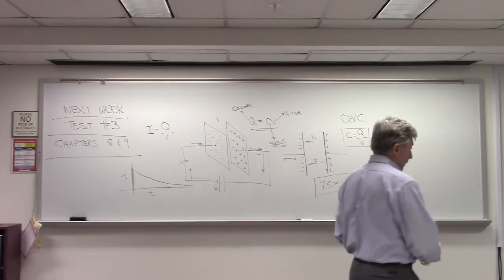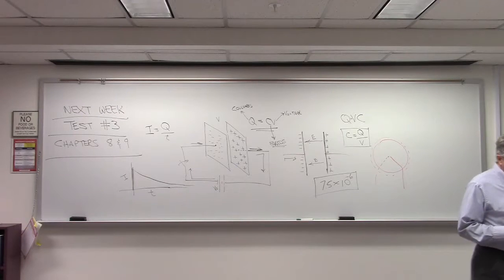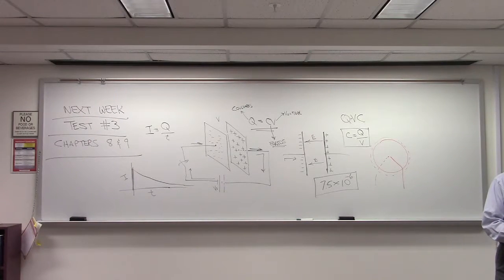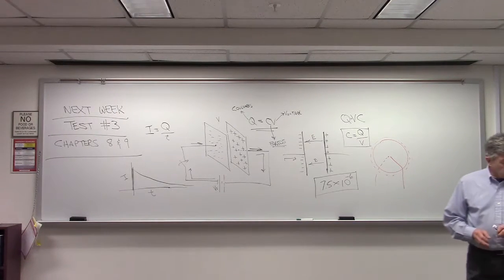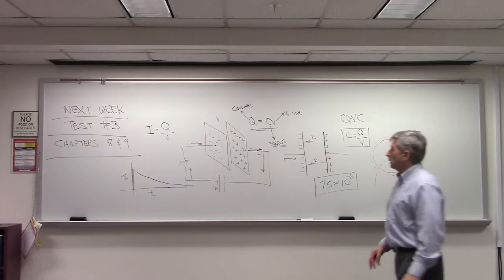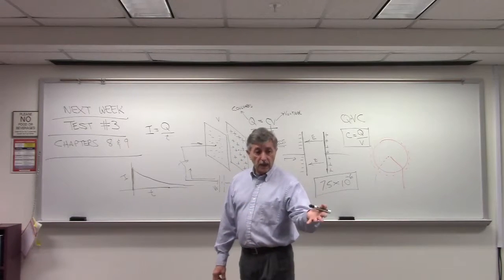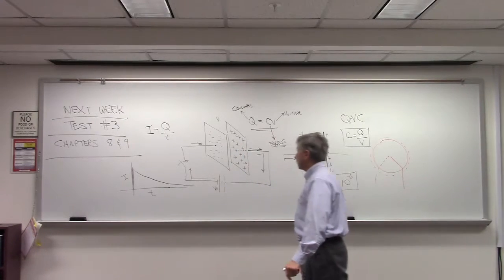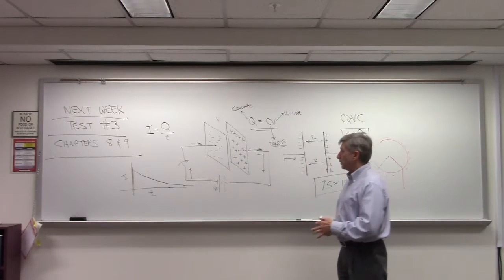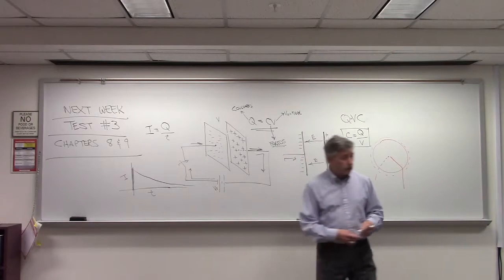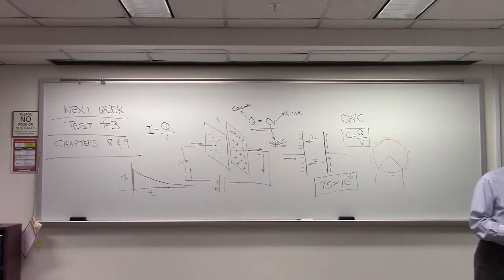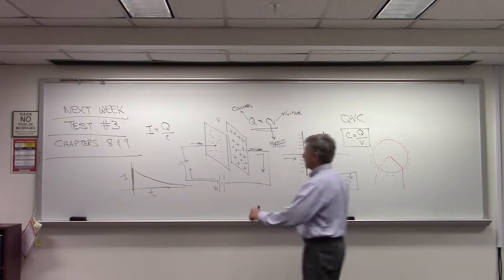And so, like I said, there is a formula for calculating the value of capacitance based on the physical geometry of the plates. And it's in your book, it's this.